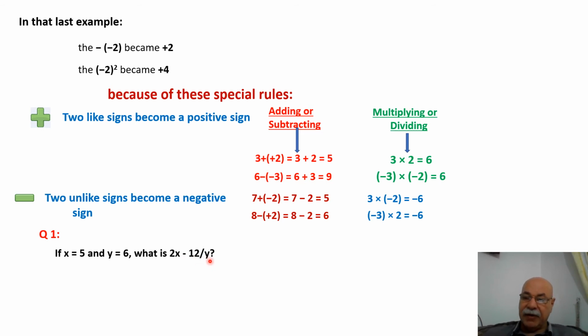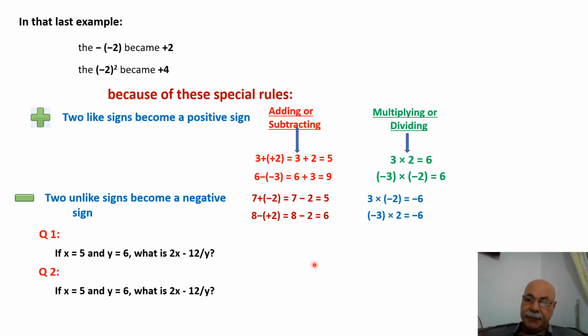This fraction, 2x minus 12 over y. You can try this question normally because it gives x is 5 and y is 6. I just replace the value of each letter with the number. Then I simplify it with the normal process.